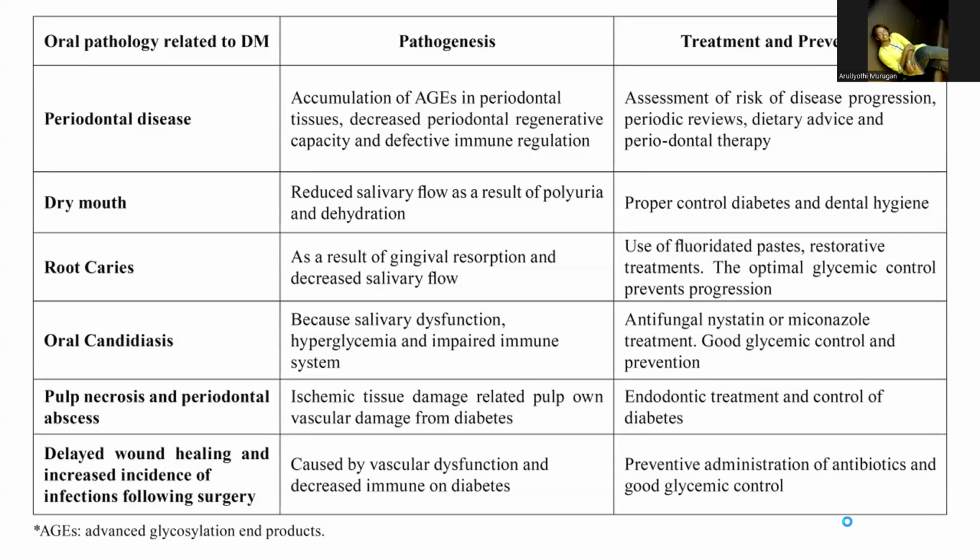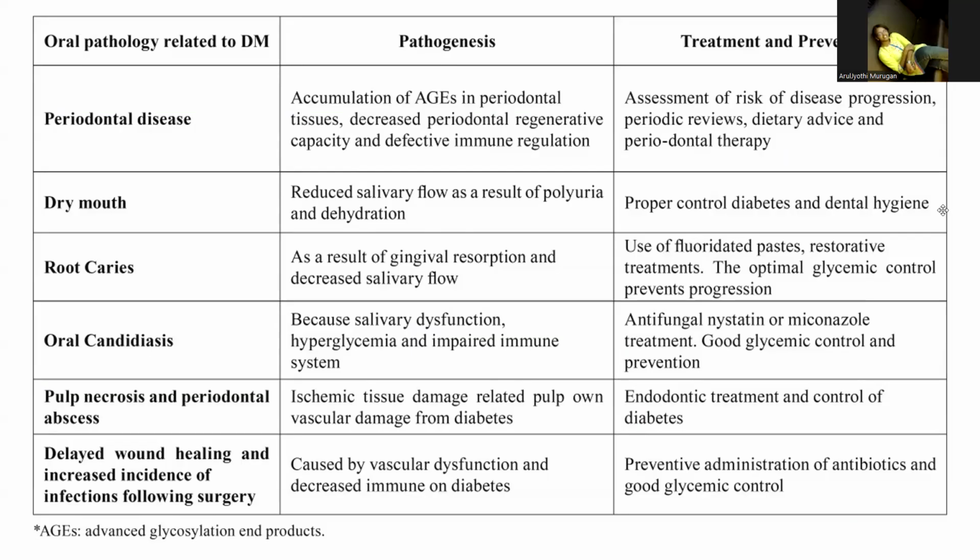So, summing up the oral pathology related to diabetes mellitus and their treatment. Periodontal pathology is due to the accumulation of advanced glycosylation end products in the periodontal tissue, which decreases the periodontal regenerative capacity and causes defective immune regulation. This can be prevented or treated with assessment of risk of disease and periodic reviews, dietary advice, and periodontal therapy.